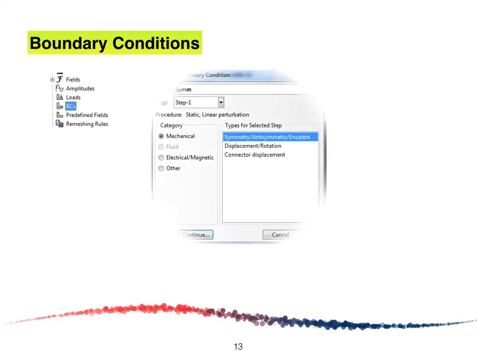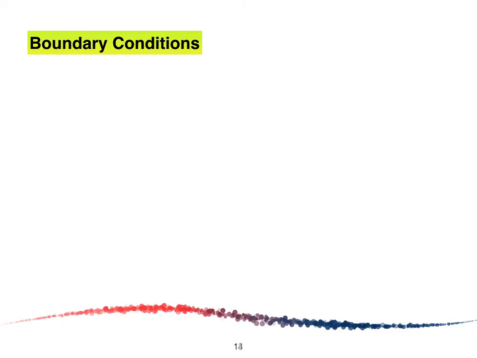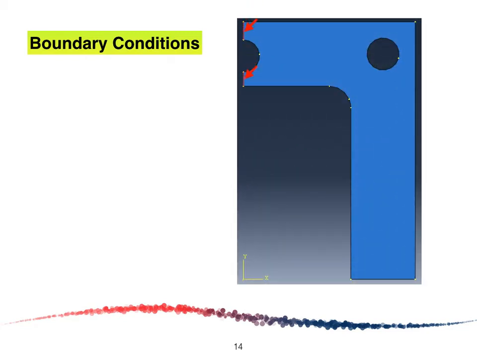The first boundary condition is symmetry. We select mechanical symmetry under the selected step, click continue. After that, we are going to select the vertical edge as shown at the arrow. This is because our model is symmetric about the vertical axis, and click done.